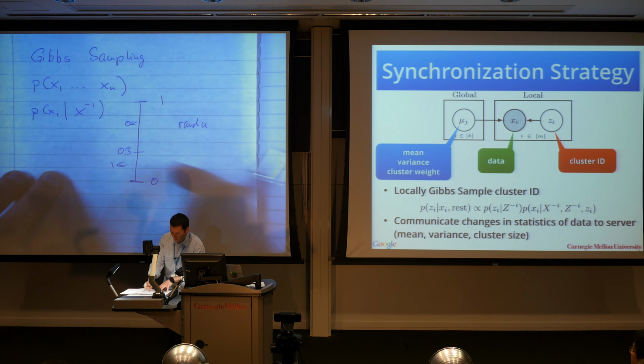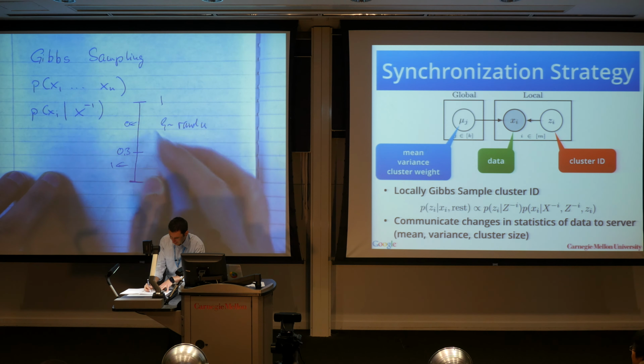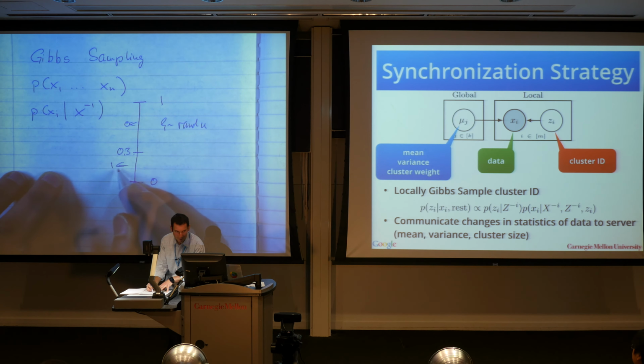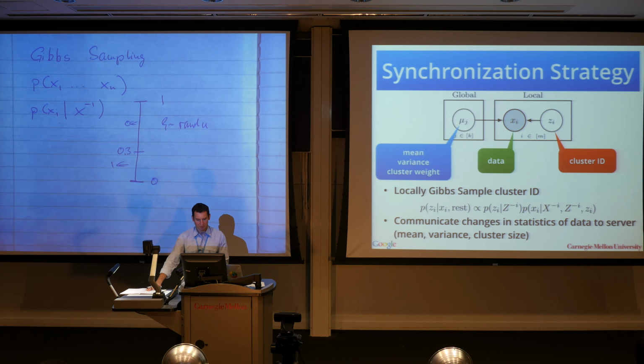Basically, if that random variable psi is greater than 0.3, then I emit 0. If it's less than 0.3, I emit 1. Okay. So this is how you can draw from a biased coin.